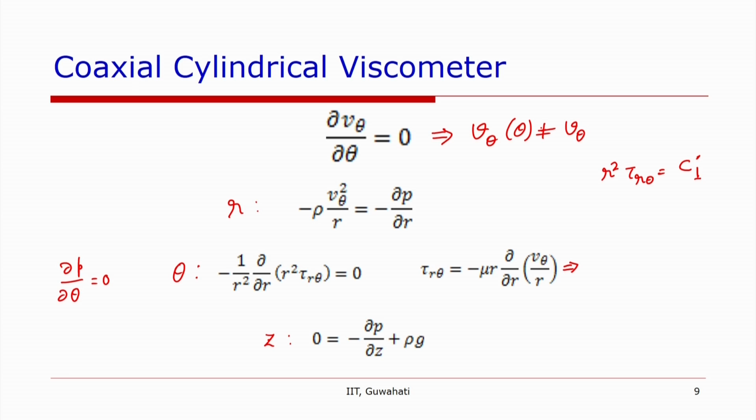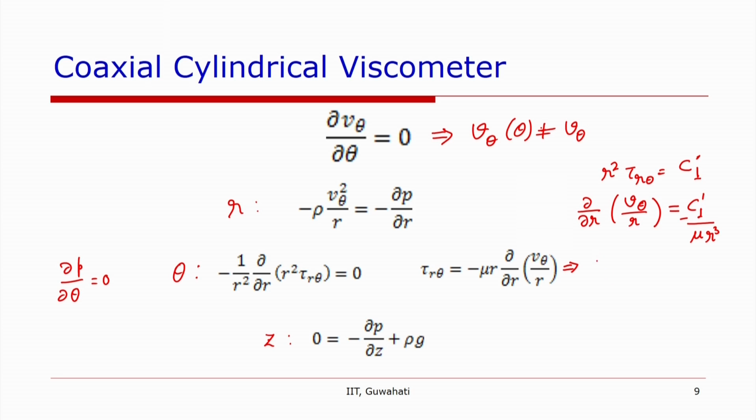When we substitute tau r theta is equal to minus mu r, and with r it becomes r cube, del over del r of v theta over r is equal to a constant, let us say this C1 dash, and so we get this is equal to minus mu r cube, and we can now remove this from here.